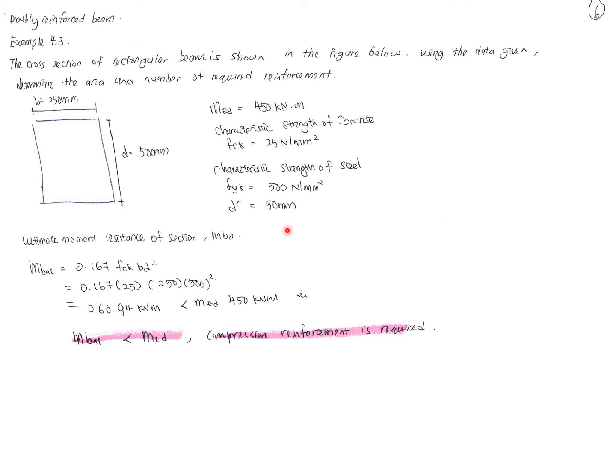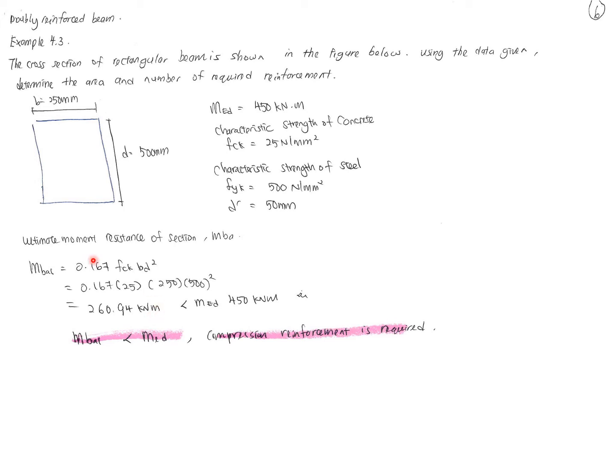And d prime is 50 mm. So the ultimate moment resistance of the section, the M balance we need to calculate, is 0.167 fck b d squared. You substitute the values of fck, b and d, and you will get 260.94 kilonewton meter.